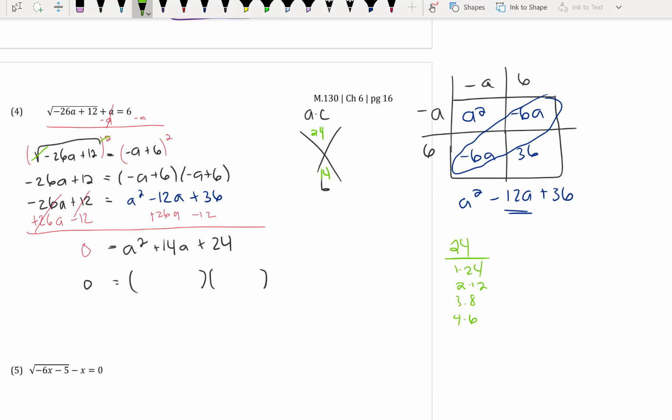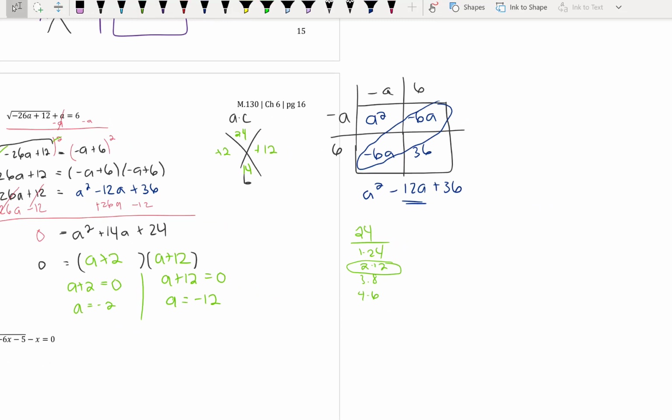I wrote all of my multiples of 24 out, and the only ones that add up to 14 are 2 and 12, a positive 2 and a positive 12. So a plus 2 and a plus 12. a plus 2 is equal to 0, so a is equal to negative 2. a plus 12 is equal to 0, so a is equal to negative 12.